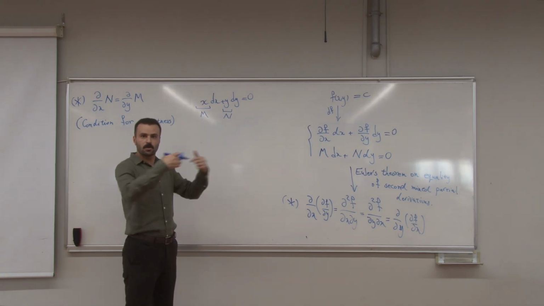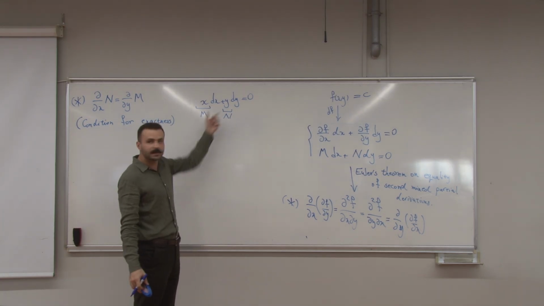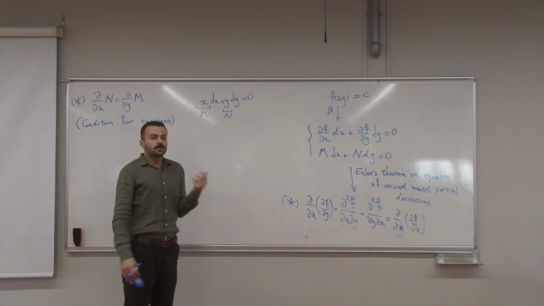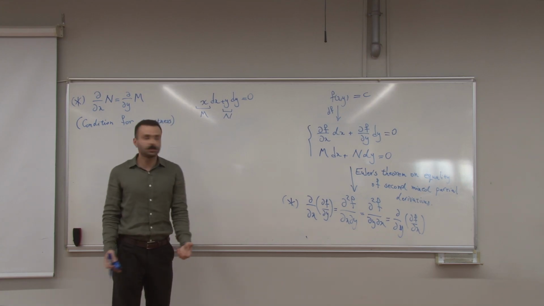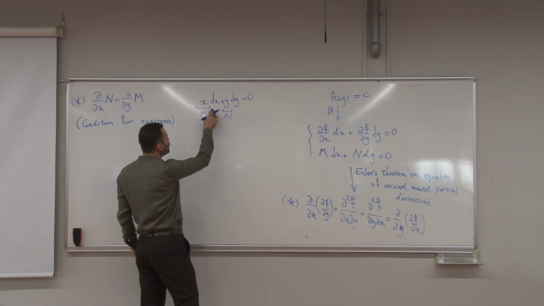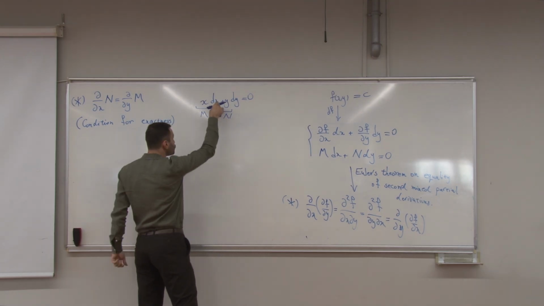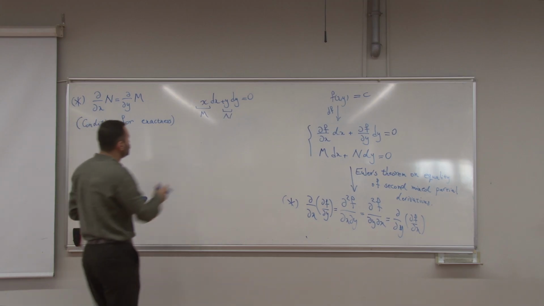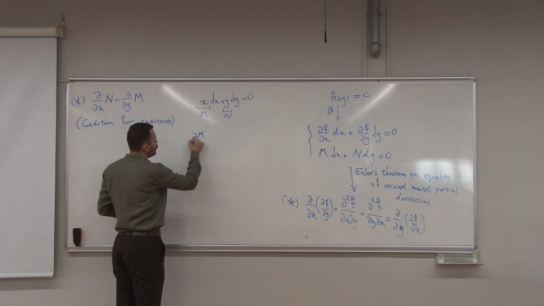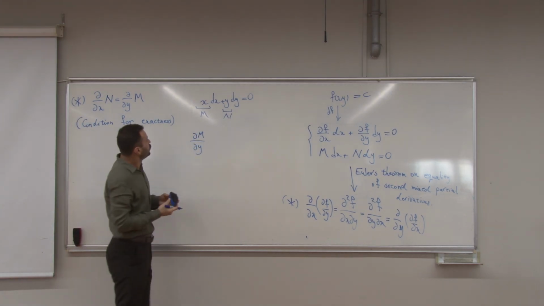Now, let's go back a little bit. We have this kind of an equation. We would like to know if this equation is exact or not. What do we need to do? We need to check this condition. Can you please check this condition for this equation? What is going to be round of m over round of y?